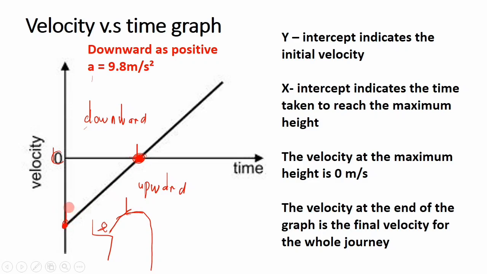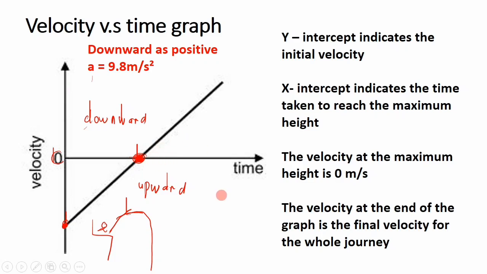So we can see what is going on when the ball is projected upward. When the ball is projected upward to reach the maximum height, the velocity of the ball decreases. Remember, when you throw the ball upward, the kinetic energy needs to decrease. Also, the velocity will decrease up until it reaches the maximum height, where the velocity will be 0 meters per second.